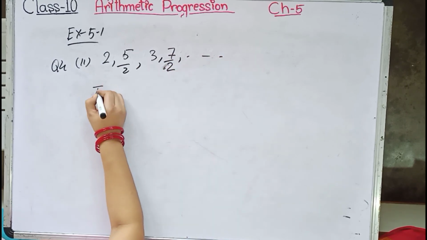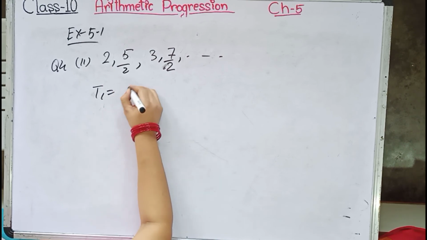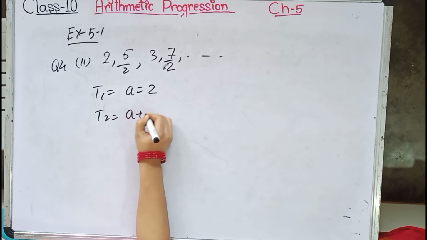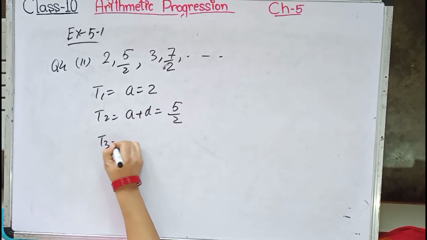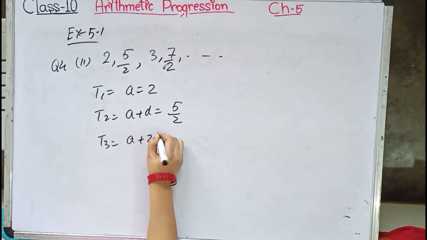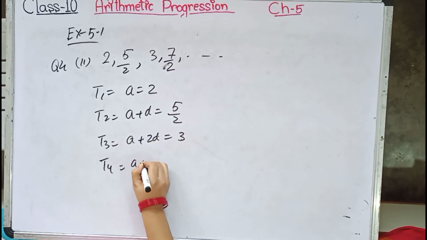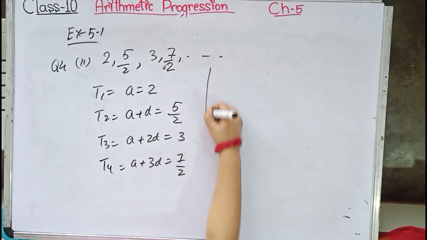So over here T1 equals A equals 2. T2 equals A plus D equals 5 by 2. T3 equals A plus 2D equals 3. T4 equals A plus 3D equals 7 by 2.